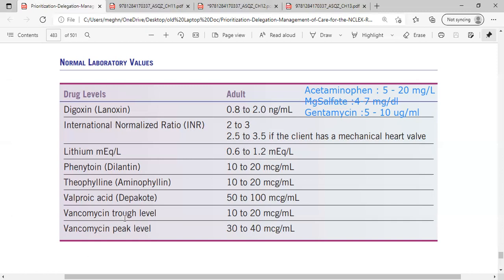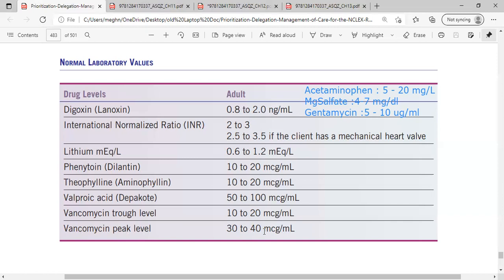The vancomycin trough level is 10 to 20, just like phenytoin and theophylline, 10 to 20. And valproic acid, the anticonvulsant, is 50 to 100, and this one is vancomycin. Vancomycin trough level is 10 to 20, and vancomycin peak level is 30 to 40.